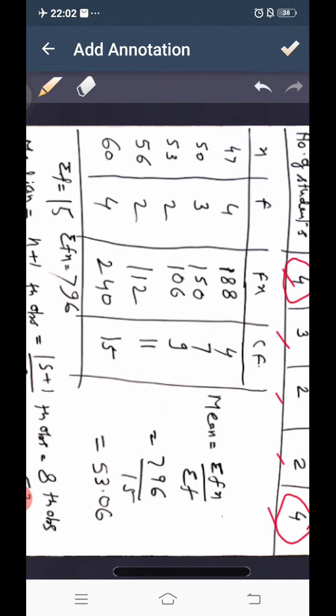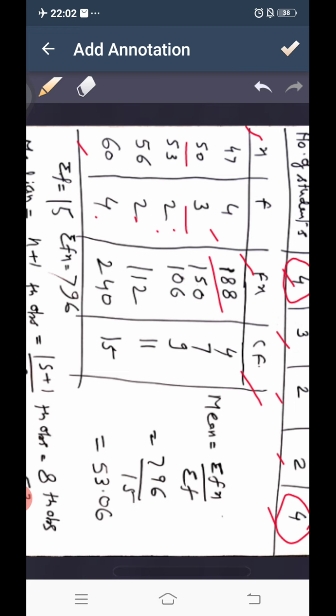To find mean we need fx, and for finding median we need cumulative frequency cf. First of all we have written x given: 47, 50, 53, 56 and 60. Frequencies are given: 4, 3, 2, 2, 4. We find out fx. 47 into 4, that is 188.